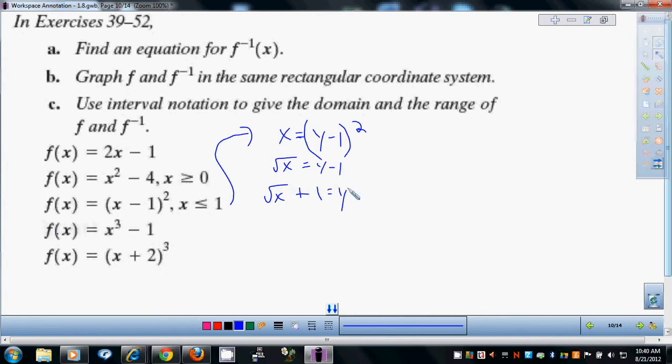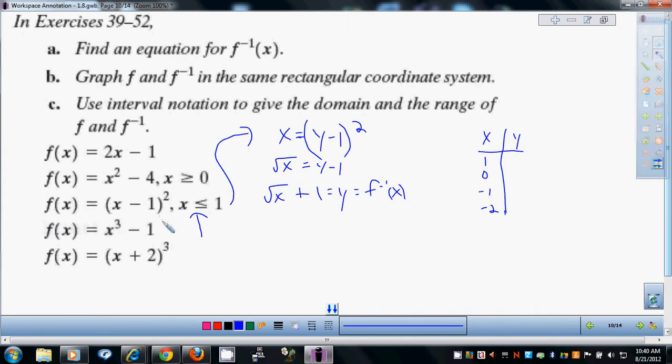Okay, so here's our function. Here's our inverse. Now we need to graph. Now it gives us a specific domain for which to graph these. X is less than or equal to 1. So I'm going to make an XY chart and plug in values less than or equal to 1. And you're going to plug those into your original.